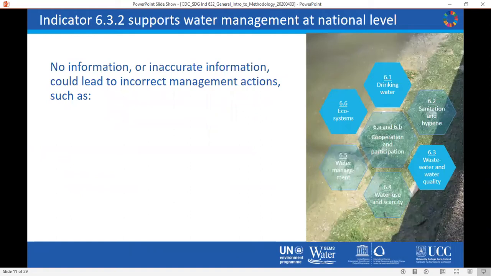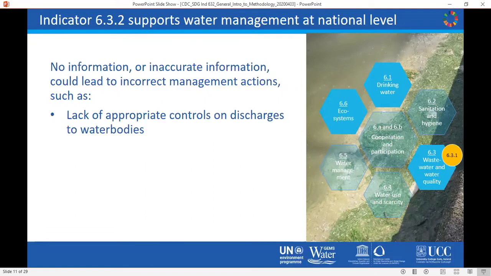So establishing a national water quality monitoring network and collecting and analysing the data have benefits for sustainable management of water resources at the national level. Effective water management needs reliable water quality information, without which there may be inadequate controls on the wastewater discharges.